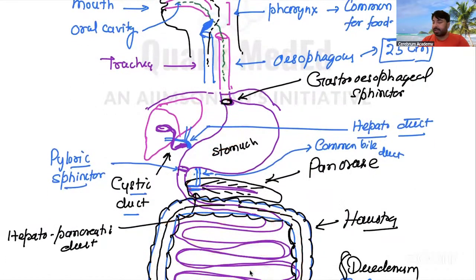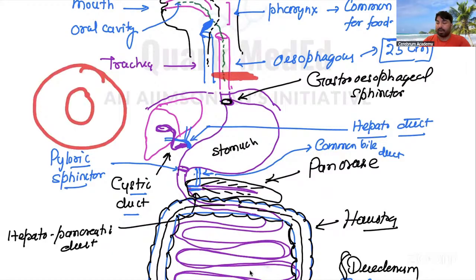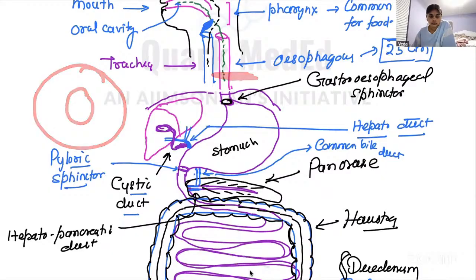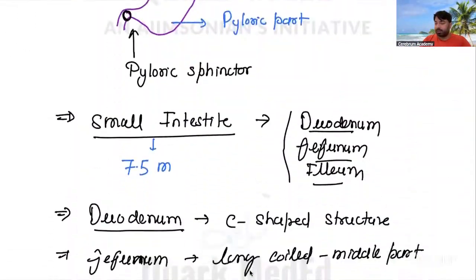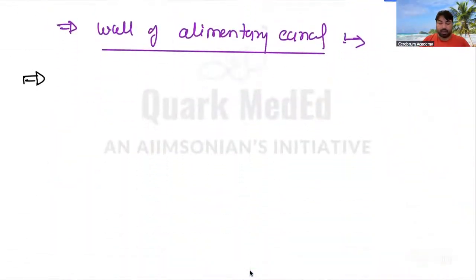Let's make a cross section. Let's say we are cutting the esophagus from here. If we cut this tube, it will appear like a circle. So let's see what layers are there. If we cut the alimentary canal from somewhere, you will see the following layers. Let me draw those layers.